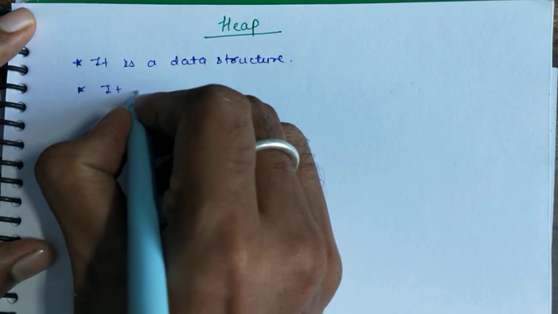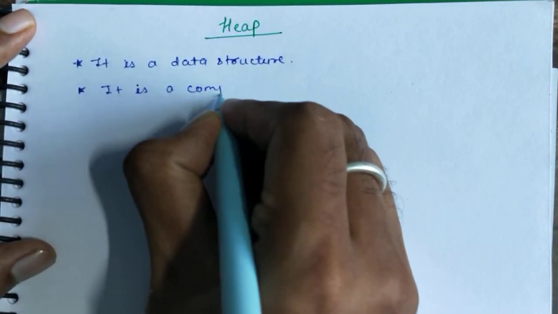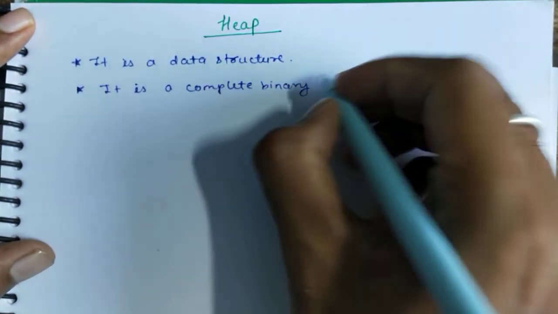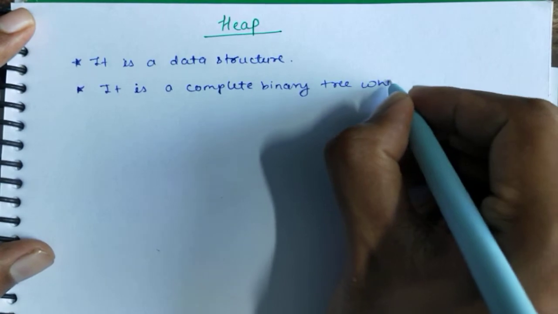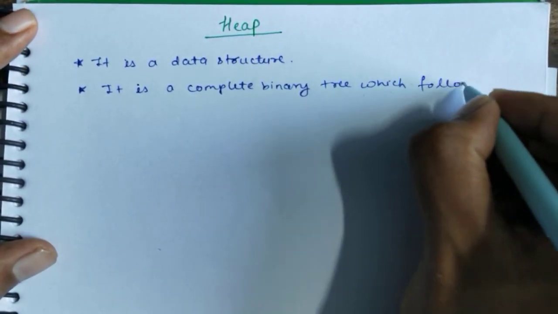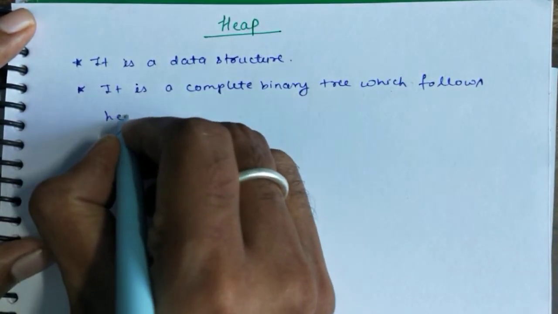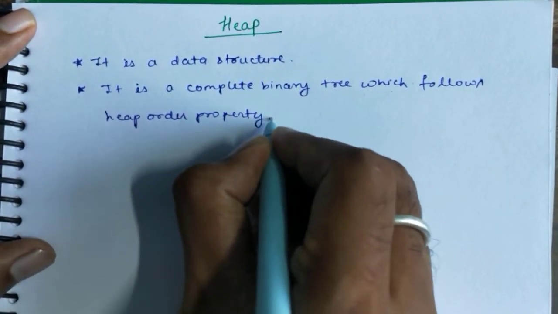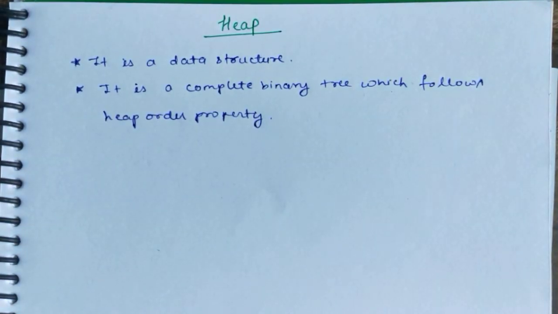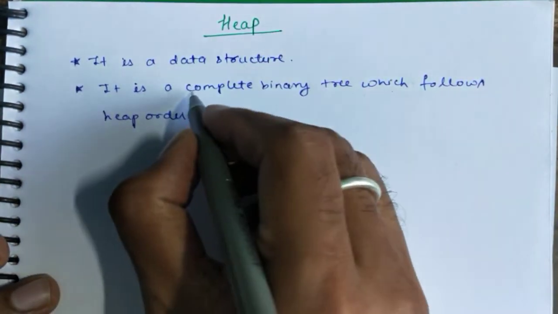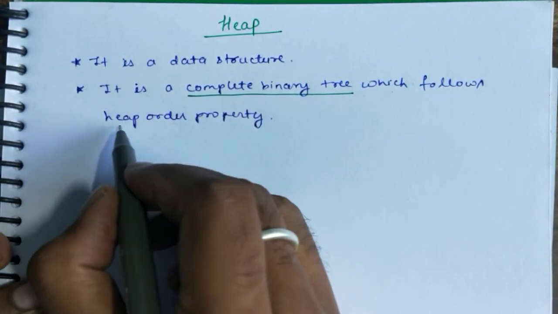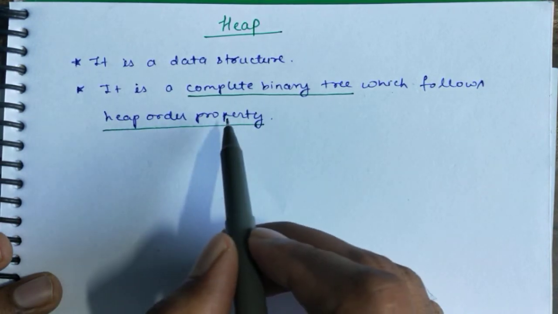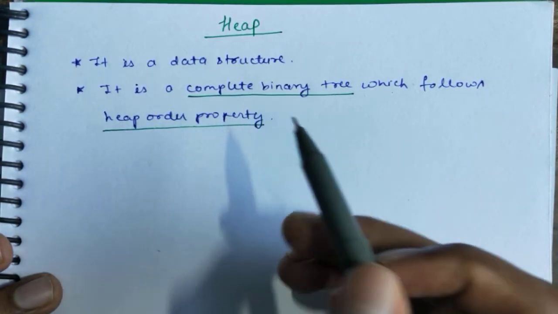It is actually a complete binary tree which follows heap order property. So there are two important things here, that it is a complete binary tree and it follows heap order property. Any complete binary tree which follows heap order property, that will be a heap data structure.